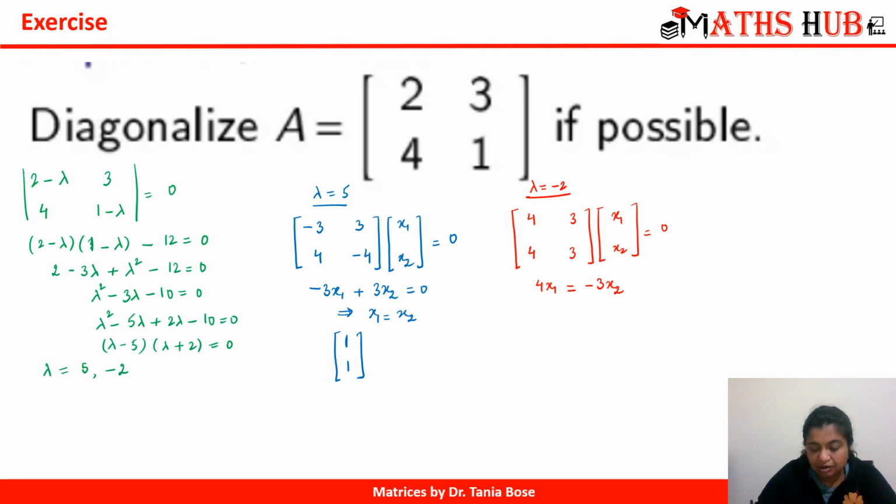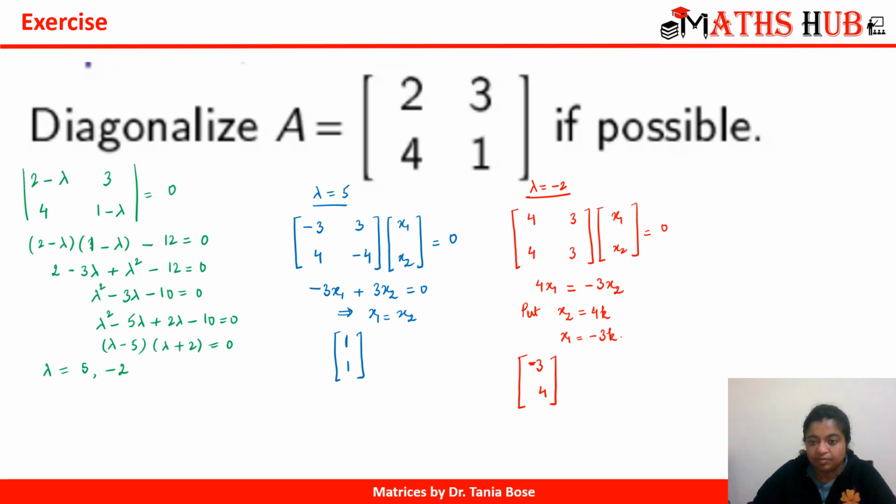So if I put x2 equal to 4k, then x1 will come out to be minus 3k, isn't it? So my vector becomes minus 3, 4. This is my vector, right?